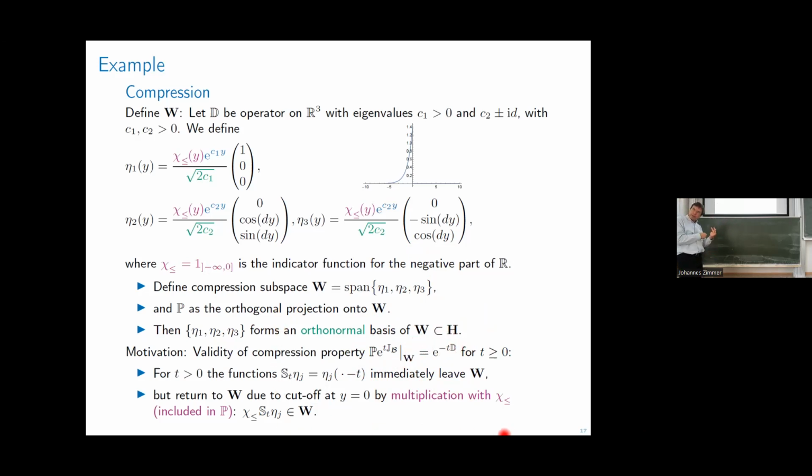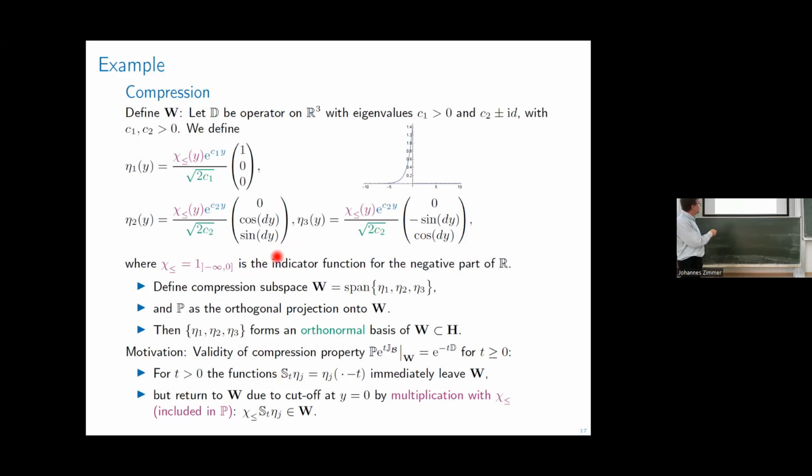Why? Well, first to understand that it's quite non-trivial. I take one of those functions, one of those 3. I evolve it forward by a shift, yeah. So this would be the unitary group. Well, if I take such a function, I shift it, immediately I leave the span.